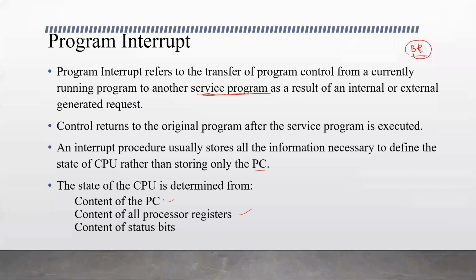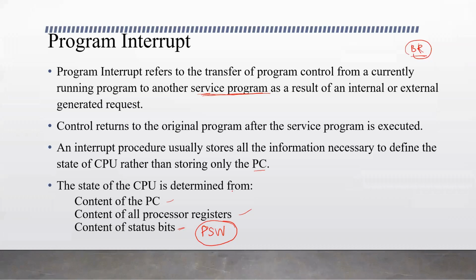The content of PC, the content of the processor registers, and the content of the status bits, that is the program status word. The program status word is the combination of all status bits that defines the current state of the CPU.